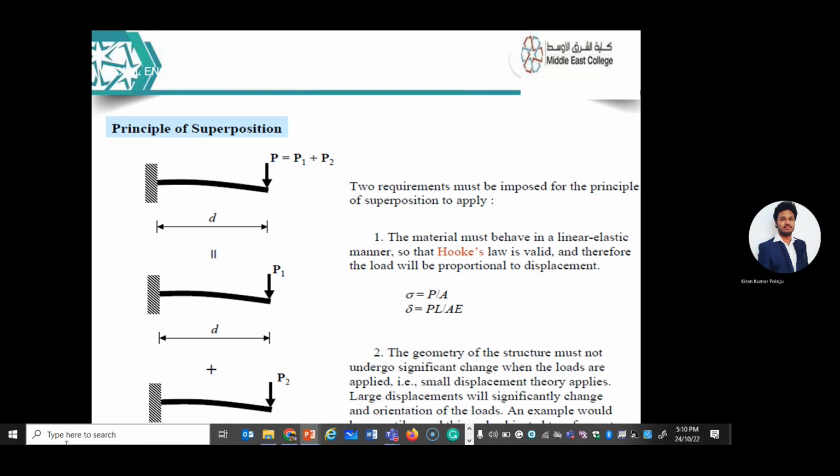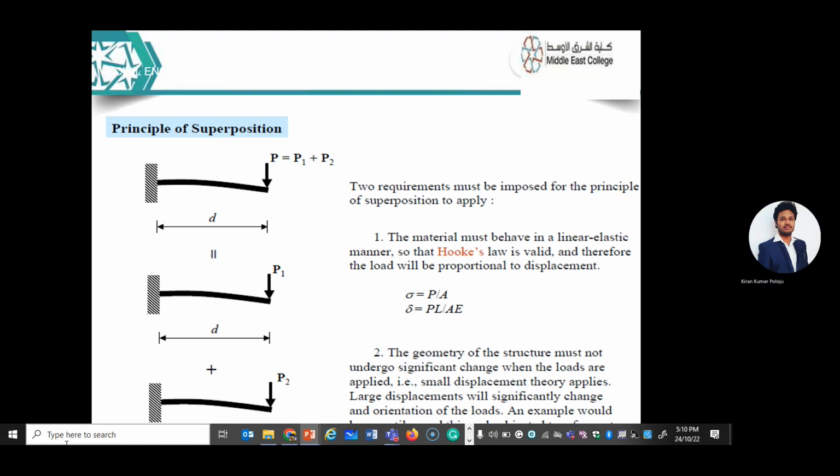Elastic means I'm applying load, but if I remove it, it will come to the original position. There is no problem with this. It regains its own properties. So there is no problem with this material as long as it is in the elastic limit or elastic state.